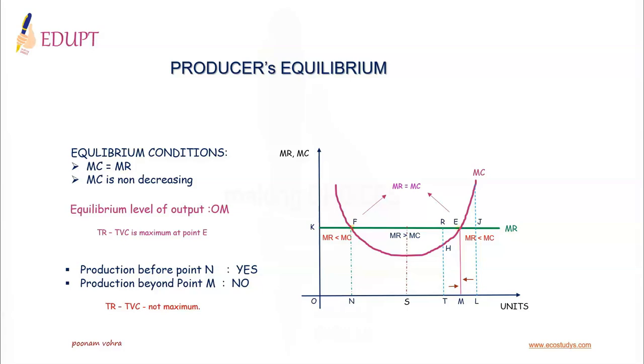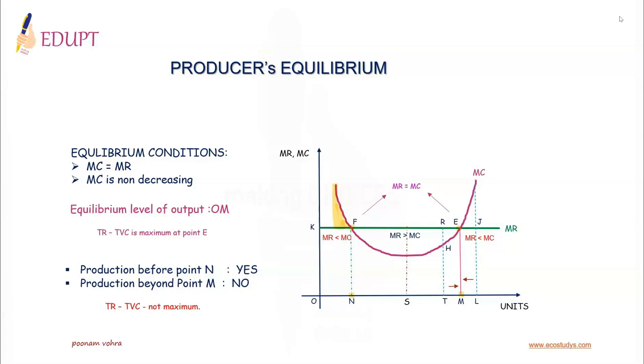At point F, the level of output produced and sold is ON, whereas at point E, the level of output produced and sold is OM. Till the producer reaches the ON level of output, he finds that marginal cost is greater than marginal revenue, which is a situation of loss for him.